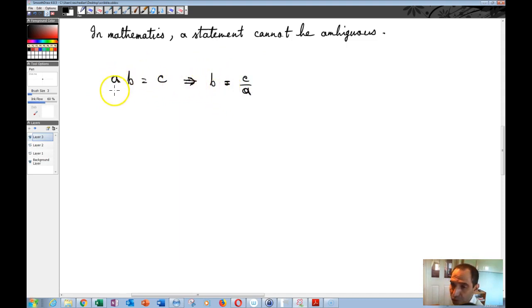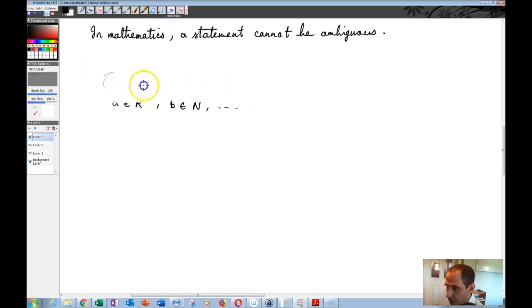For example, I should say that A belongs to the set of real numbers, or B belongs to the set of natural numbers, and so on and so forth. I cannot just take three variables and write A times B is equal to C, and then B is equal to so on and so forth. When you write something, there shouldn't be any ambiguity about what you're saying. Okay? And so in mathematics, this is important.